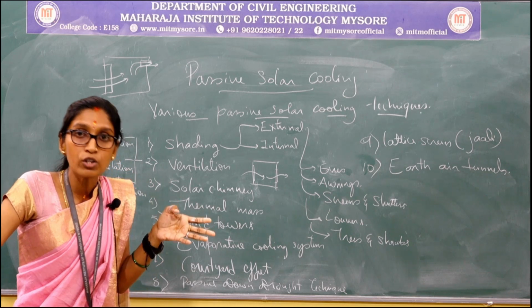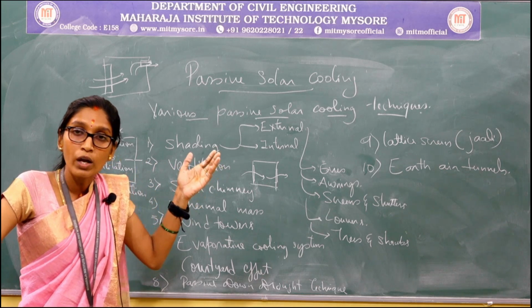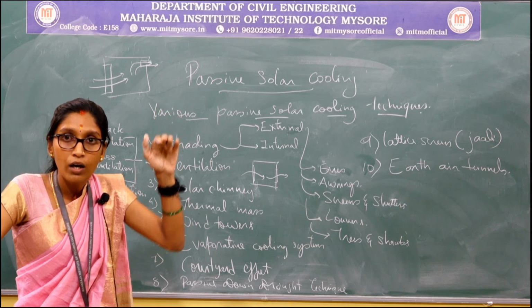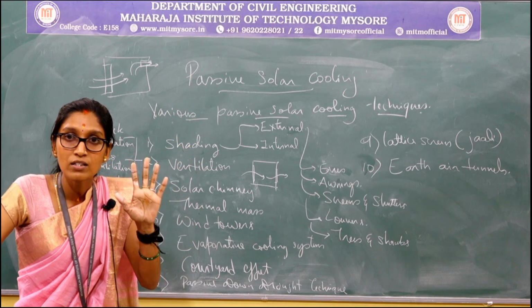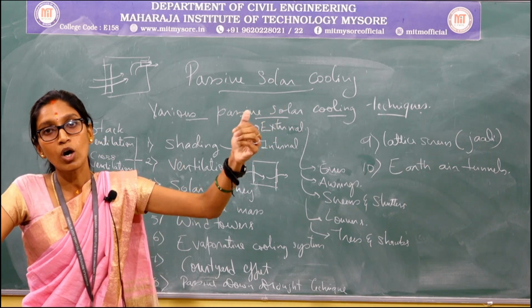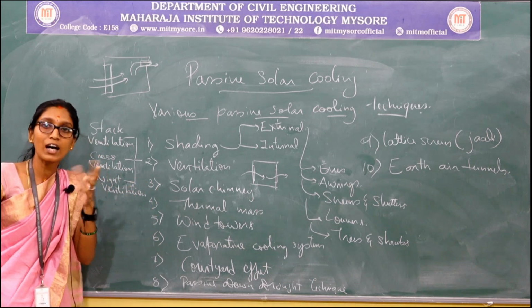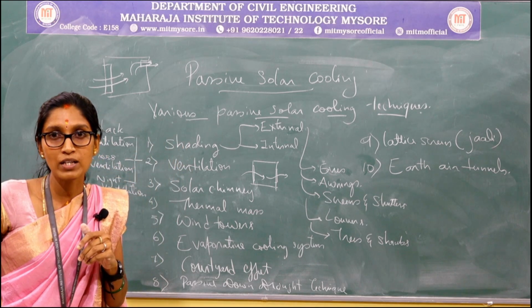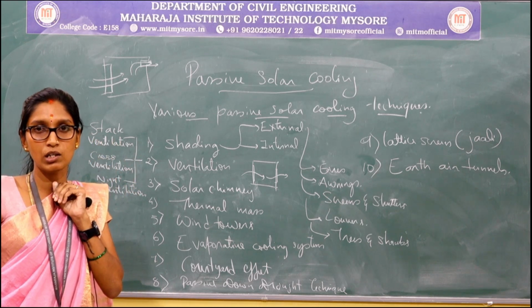So as I already told you, the primary focus of passive solar cooling buildings is just to have a lowering of the temperature that is getting into it, that is, slow down the heating up of a building, and the other one is removing or rejecting the hot air that is present in a building. So here both the techniques are taking place. At the night time, the rejection of the hot air is taking place, and at the daytime, what is happening? Slow heating is going to happen in the building.